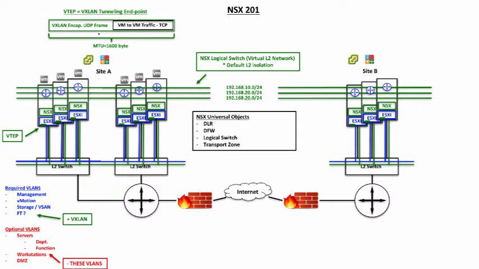So now it becomes possible to take those layer 2 networks, extend them into Site B, and leverage technology like Site Recovery Manager, for example, to automate the failover of virtual machines in the event that something fails in Site A.